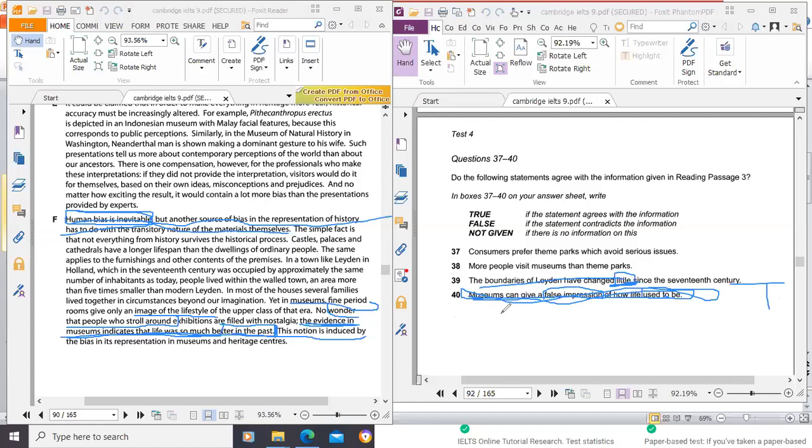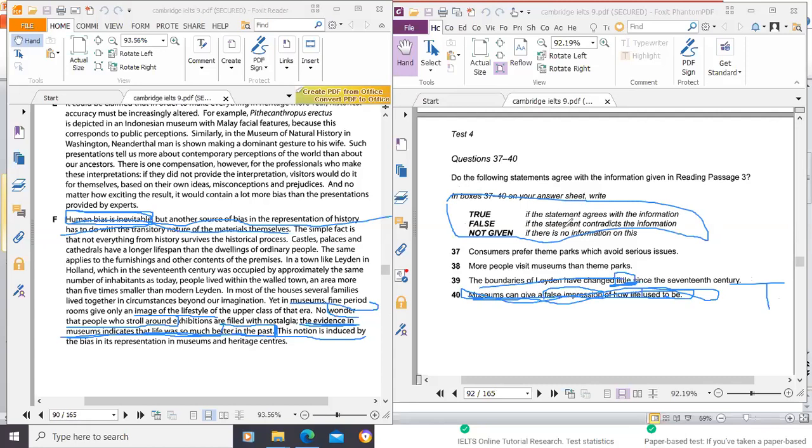They try not to come out straight, but you will know that. So let's look at this thing again. Let's apply it. It is true if the museum has given a false impression about the past.